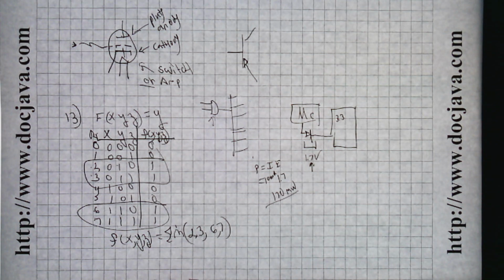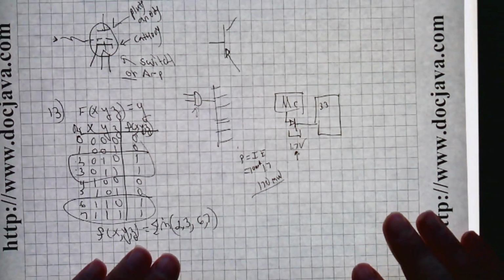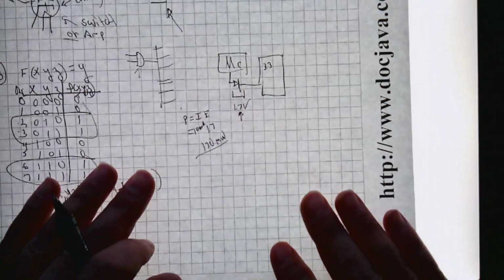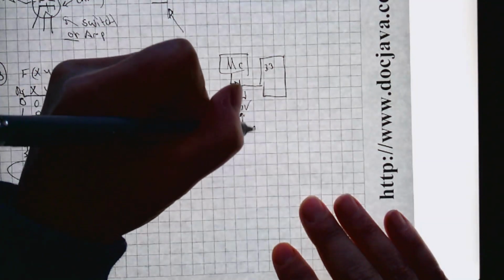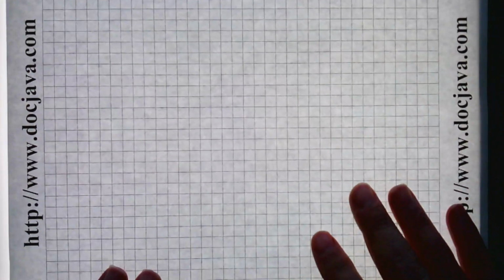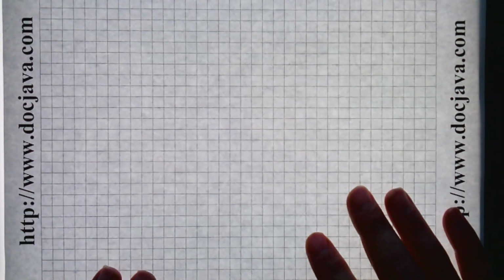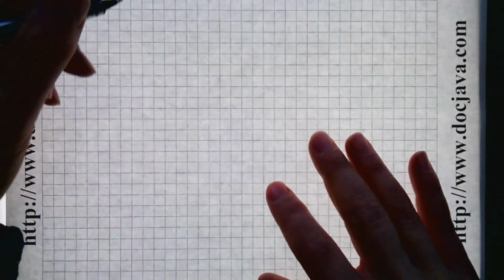Let's see, 8-to-1 multiplexers. What the heck, let's get a fresh piece of paper. All right, so what do we got?